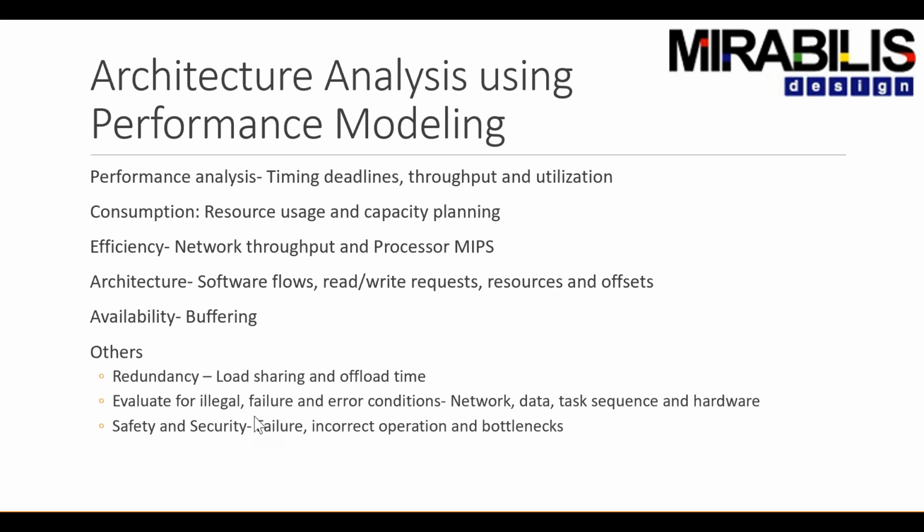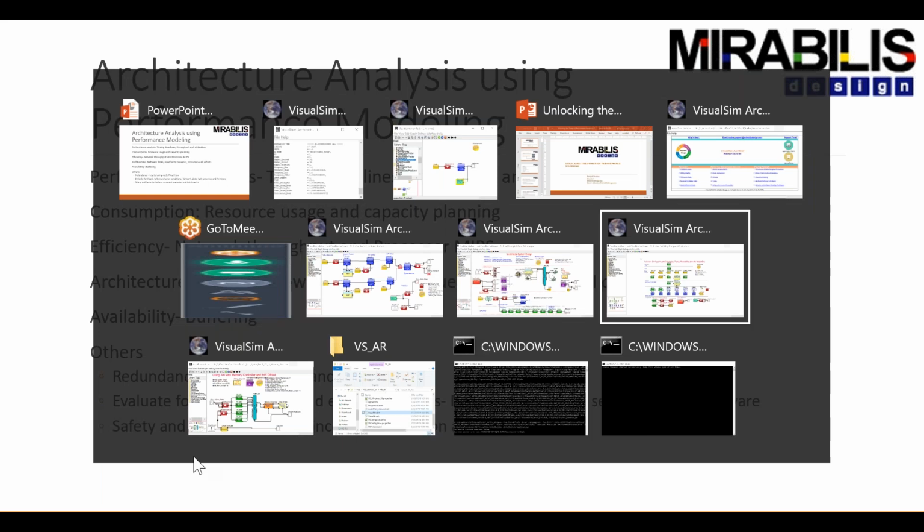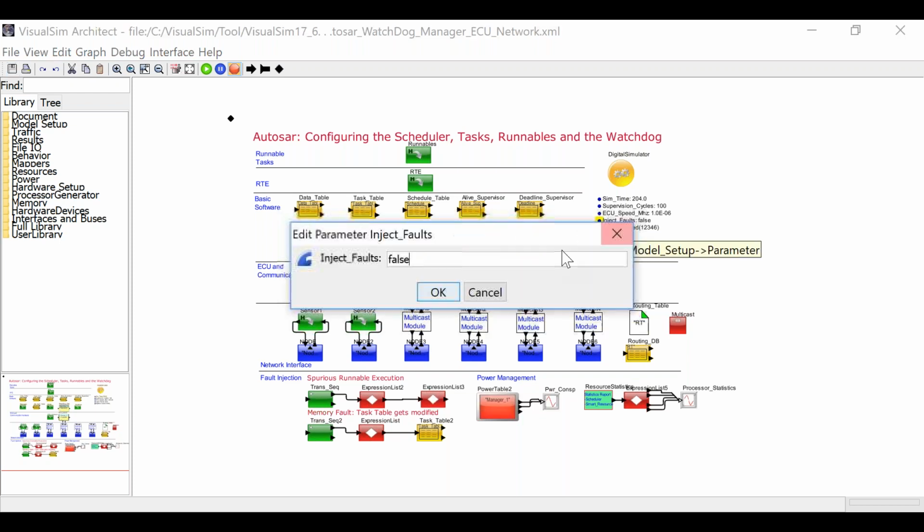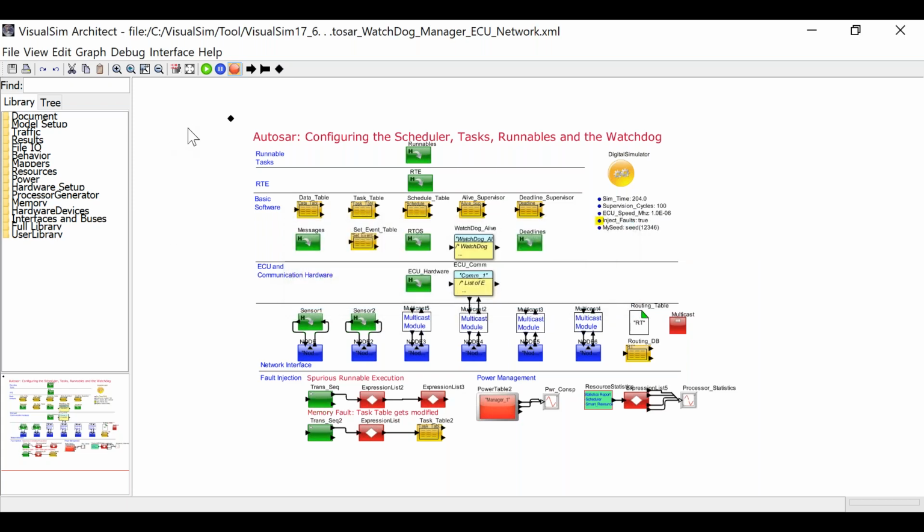So, for example, I could have a design like this where I've got a network of different devices. Some of them have sensors, some of them actually have the electronic execution unit. And what I can do is initially run this where I've got a clean system, no faults, nothing.